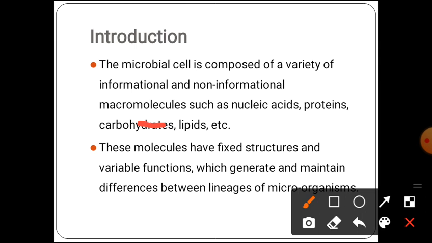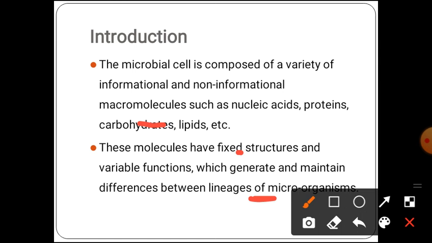Some of them are informational and some are non-informational. The nucleic acids are the informational data used for the assessment in molecular as well as genomic methods. This molecule has a fixed structure in a single cell, which can indicate a specific function and which will generate and maintain the different lineages of microorganisms.